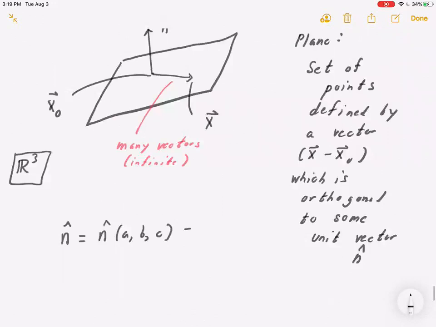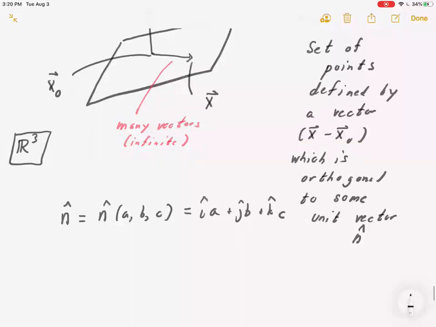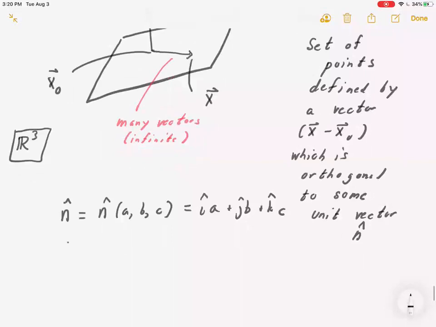So this is a vector, and I can write it in component form. x minus x naught is a vector, and I could write it in component form also, or expand it out in terms of the standard basis vectors, i hat, j hat, k hat.